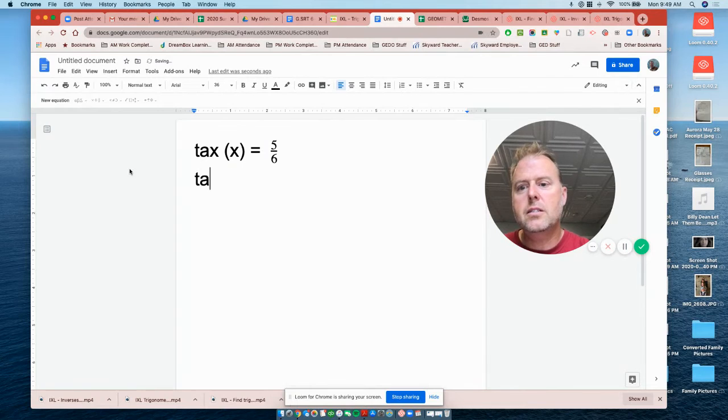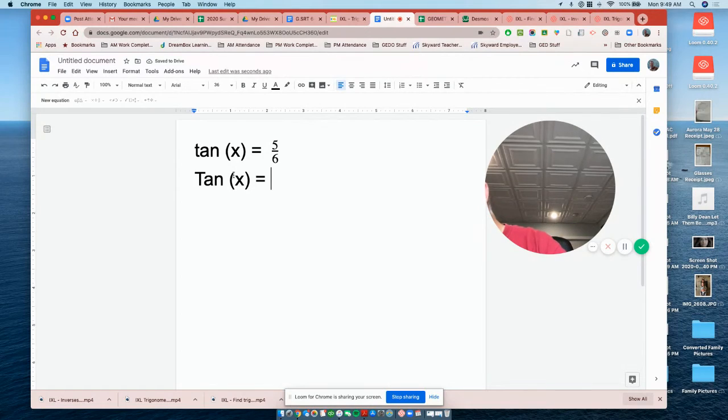So the tangent of x is equal to 5 divided by 6, 0.83333.